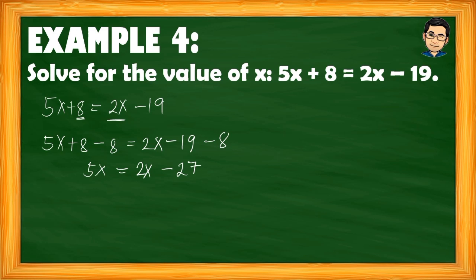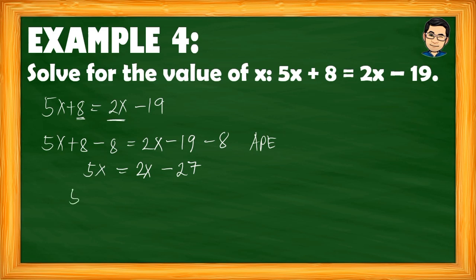So, since na-eliminate na natin yung 8 sa left side, ang next naman na eliminate natin is 2x. So, kailangan natin tanggalin yung 2x sa right side, dalhin sa left side.